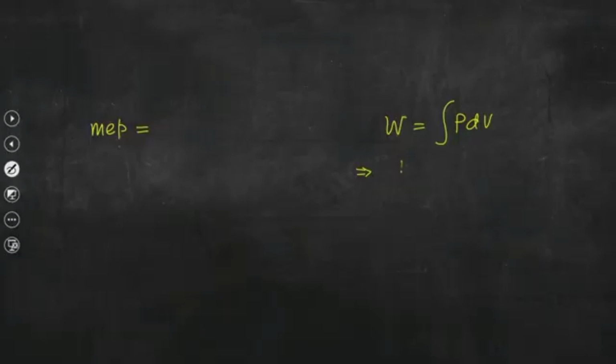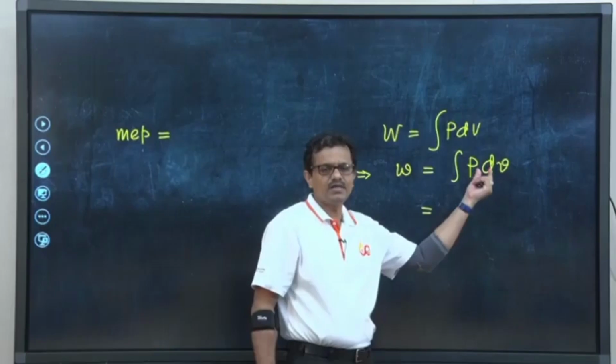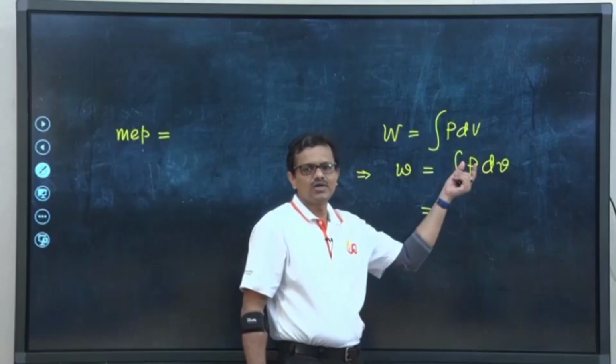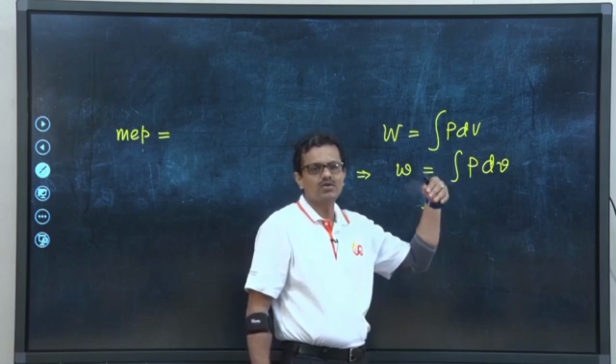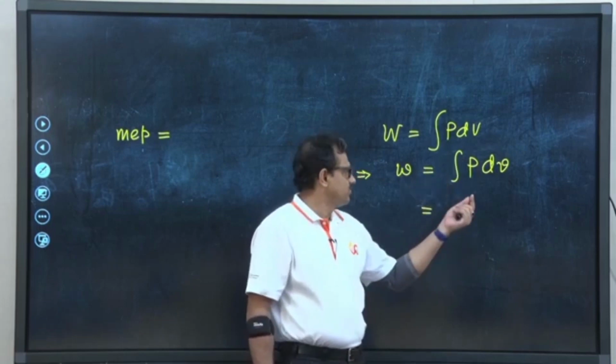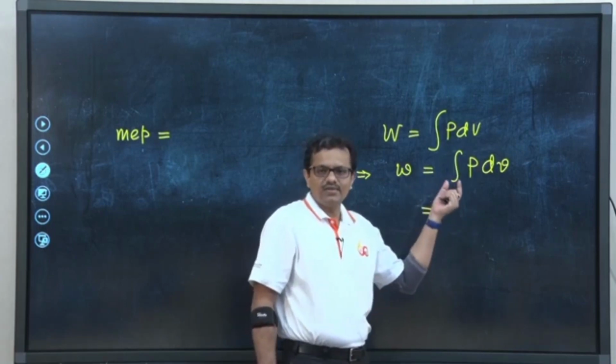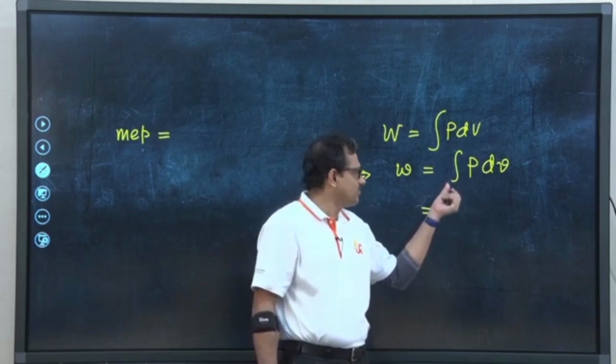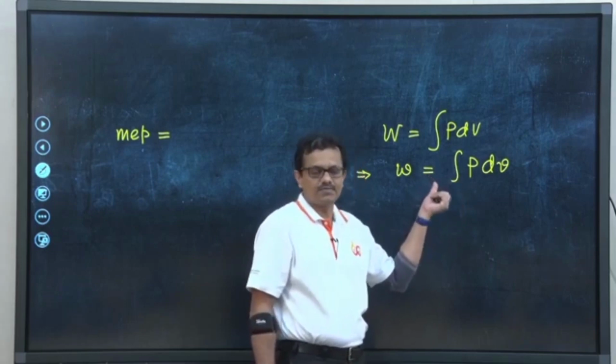So, this is W, small w, and we can write P small dV, and we had seen that the pressure inside the cylinder is continuously changing. So, though it is the differential volume dV, that is the displacement by the piston. So, what would be the work done being impressed on the piston, be it the work which is available inside the cylinder or be it the work which is available at the crankshaft.